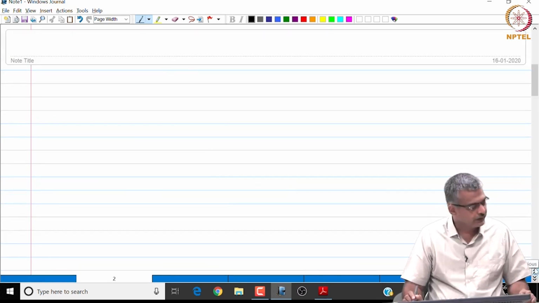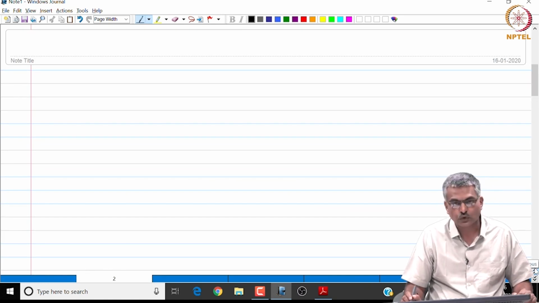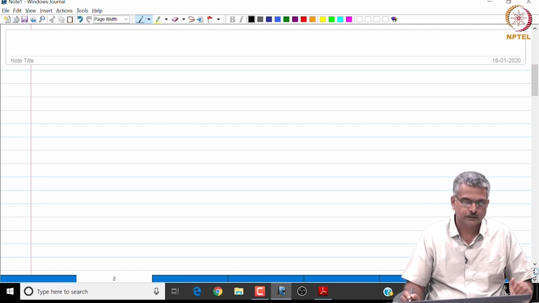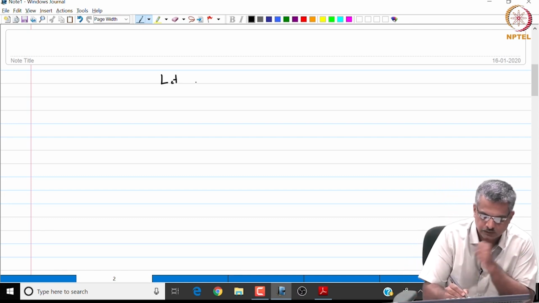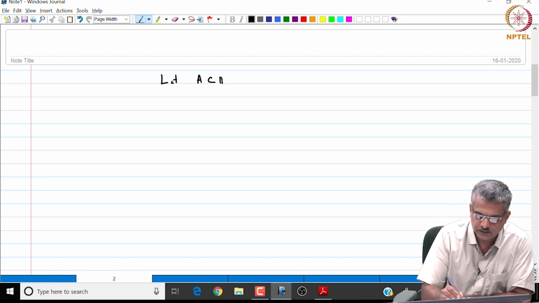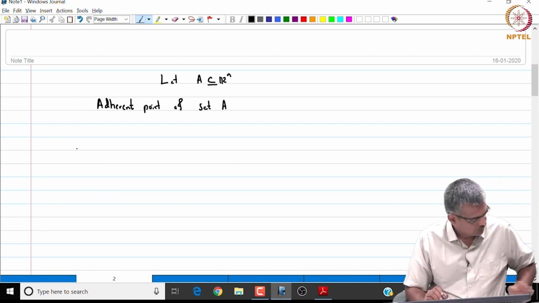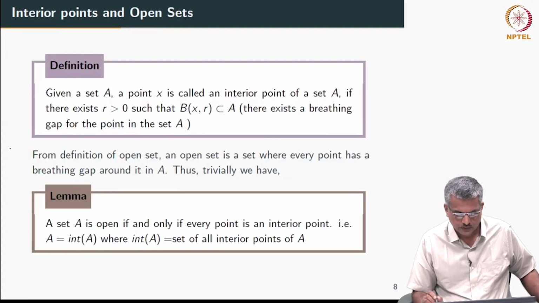Next, we will move to the notion of closed sets. Just like we defined the notion of open set using an interior point, we will define a notion called an adherent point. So, let A be a subset of R^n.